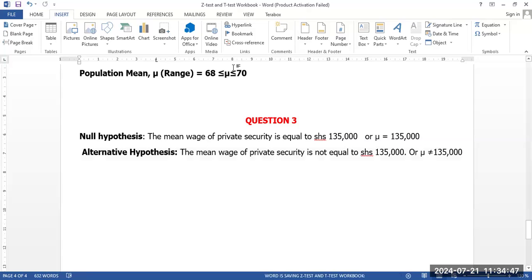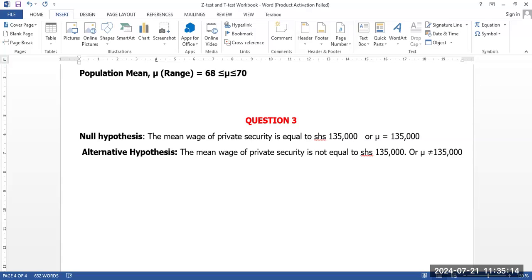Okay. Now we can start answering. After stating your null hypothesis and alternative hypothesis, next you can start with the computed value. How do you get the computed value? Before you go to the computed value, what are we dealing with?